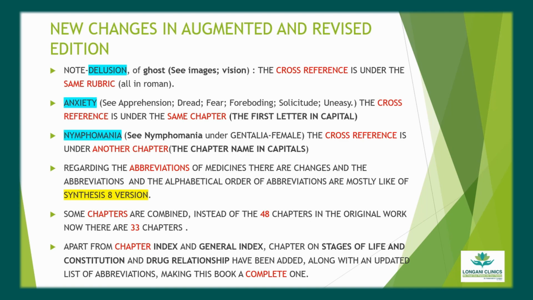The cross reference is under the same rubric, all in Roman. Then Anxiety. In brackets you will find apprehension, dread, fear, foreboding, solicitude, uneasy. The cross reference is under the same chapter. The first letter is in capital.